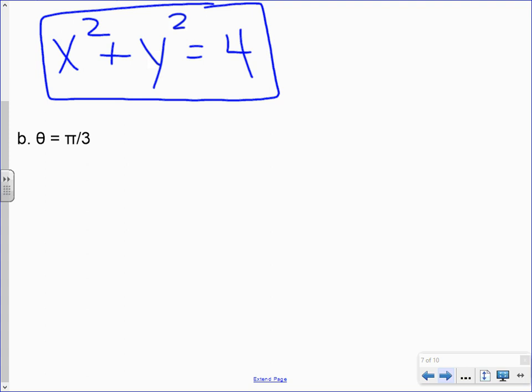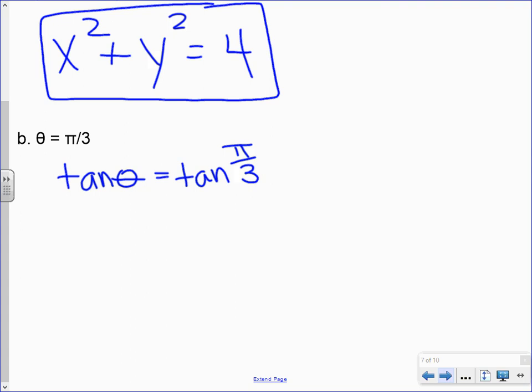Okay, we know that the tangent of theta is y over x. So if we have tangent theta, we know we can make a replacement, or substitution. So since we have theta equals pi over 3, we can write the tangent of theta equals the tangent of pi over 3. Essentially we took the tangent of both sides.